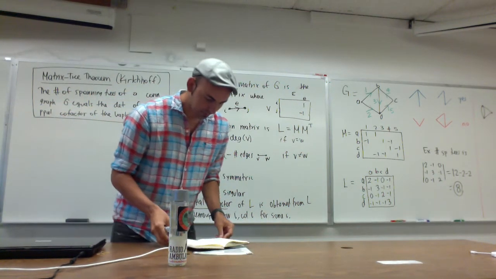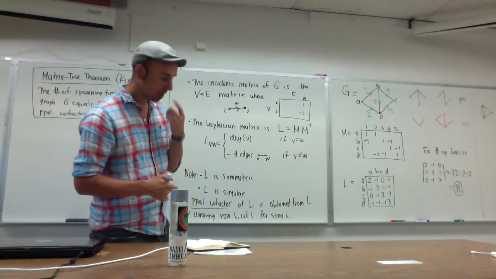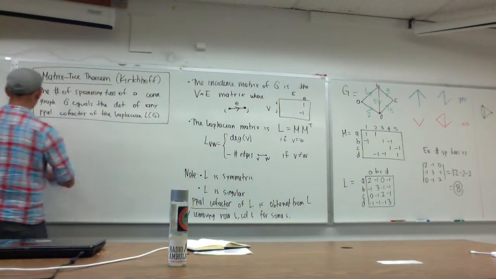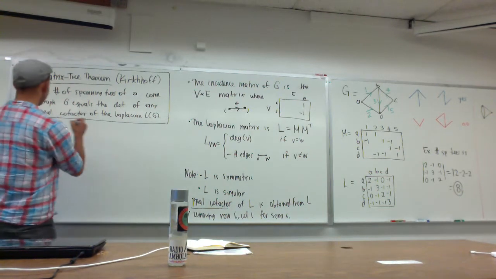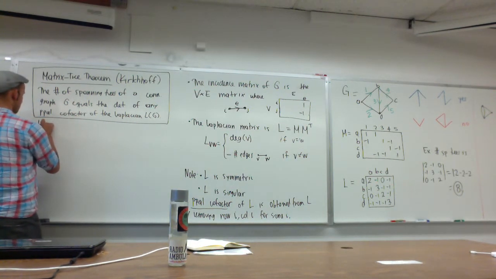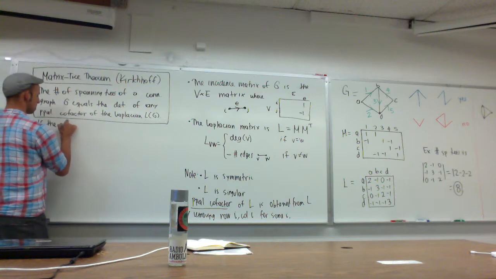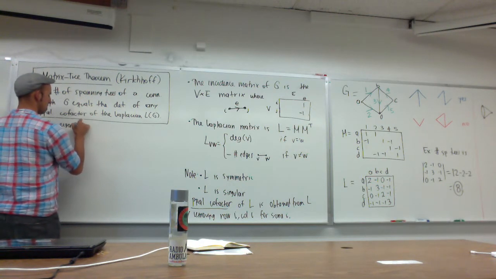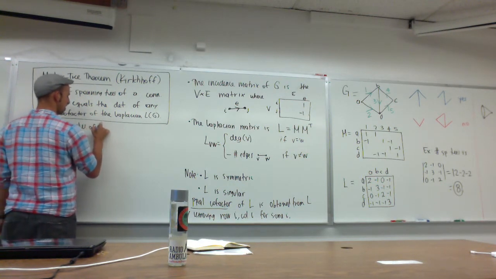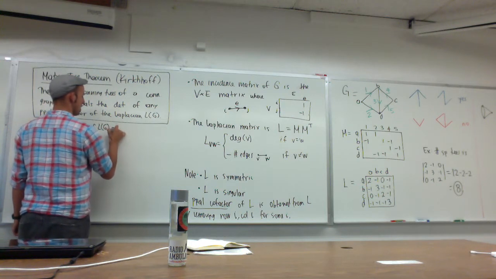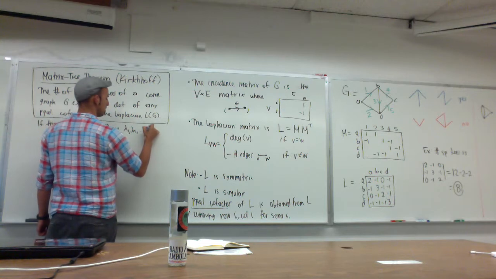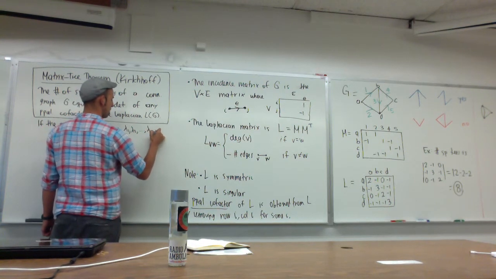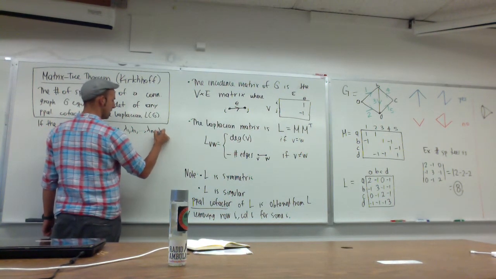Okay. So actually, let me say something else, because there's another formulation of this, which is that if the eigenvalues of the Laplacian are lambda 1, lambda 2, up to lambda n minus 1 and lambda n.